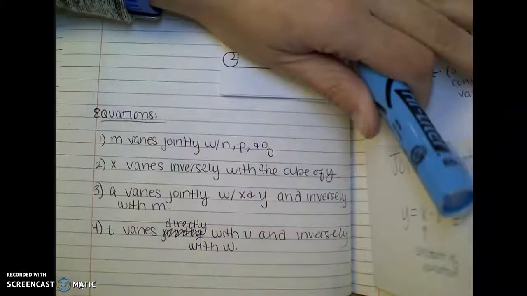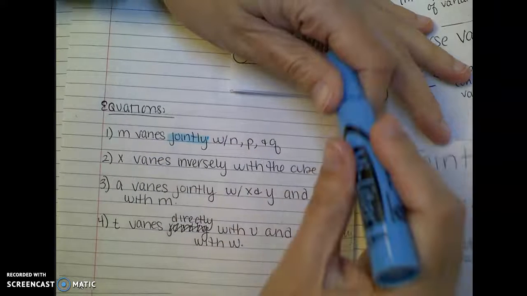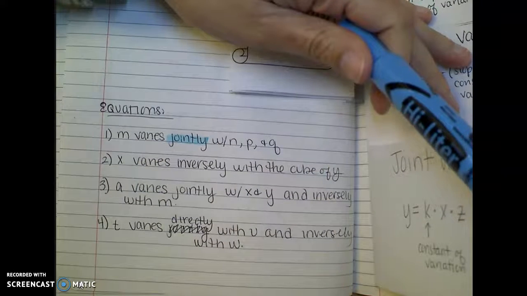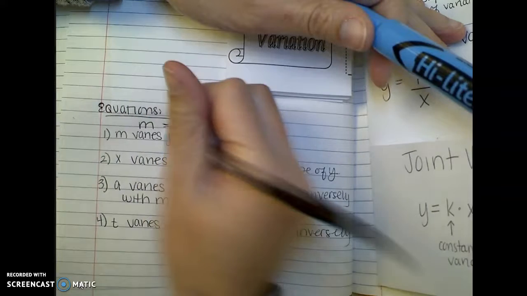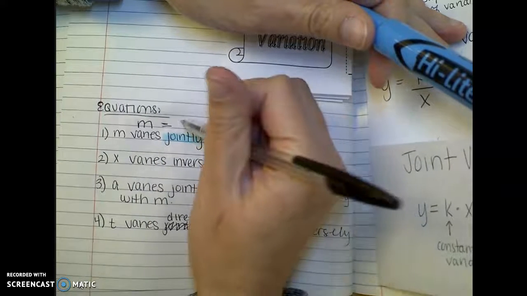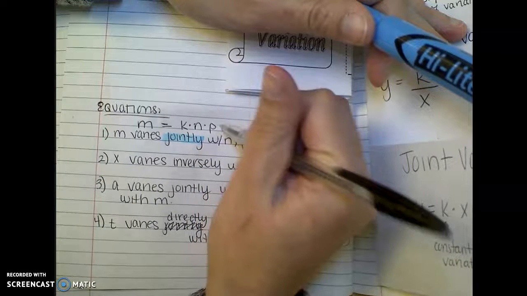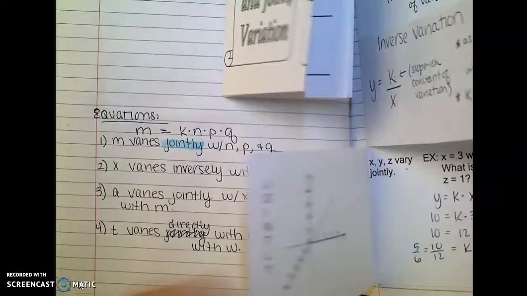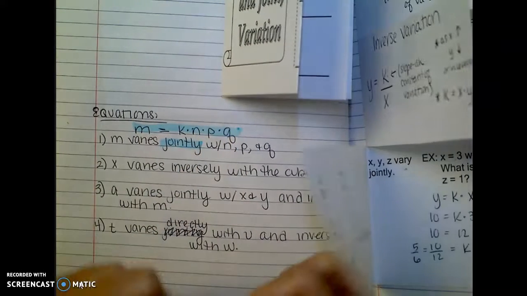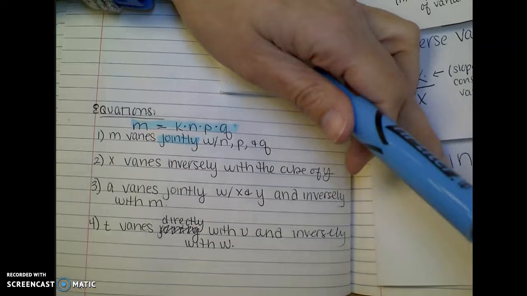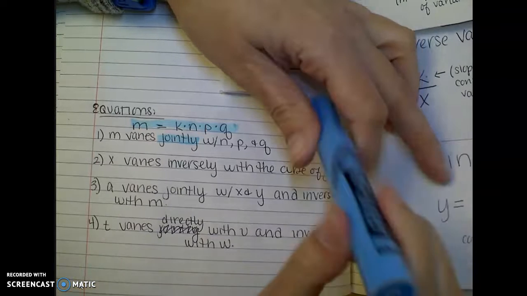So when this says that it varies jointly with all those letters, then I know I just need to say m equals k times n times p times q. And I'm not really going to be able to solve for k here because they didn't give me any numbers to fill in to solve for k. So you're kind of just looking for these keywords to help you figure it out.